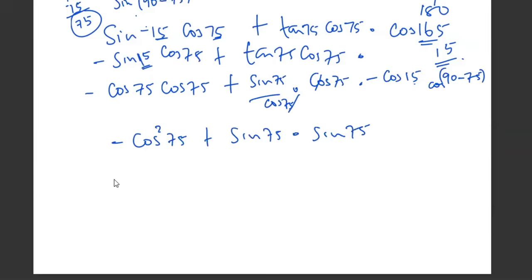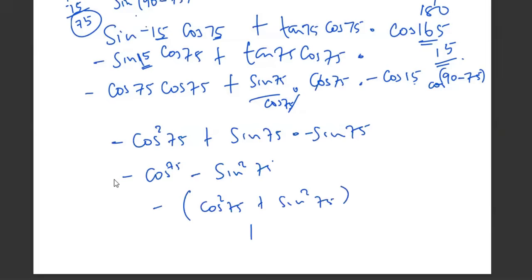No, there's a negative. Don't forget, because this cos, when it becomes a positive, this negative is maintained. So negative cos squared 75 plus, okay, it's now a minus because of the negative sign, so sine squared 75. Take out the negative, you'll be left with cos squared 75 plus sine squared 75. We know that this becomes a 1 with its negative that is outside. Okay, so that brings us to the end of 5.4.